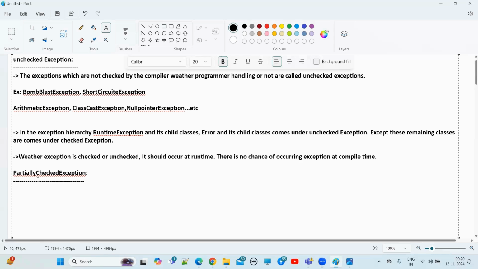Here everyone is checked. So this is what, guys? Fully checked. Am I right or wrong? Each and everyone is checked, even the parent and the child also. But in our shopping mall, only parents are checked and kids are not checked, so that is partially checking.